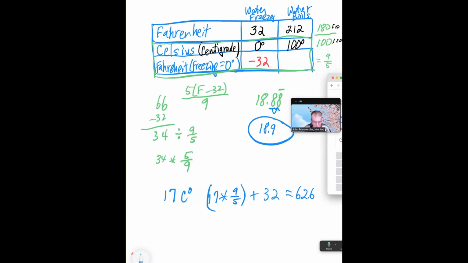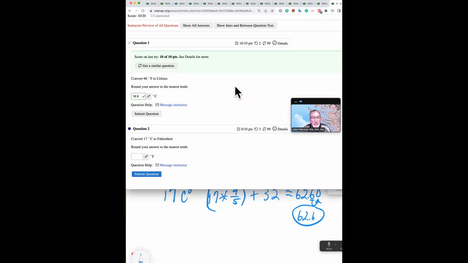So if that's a 0, then if you were to round, it would be 62.6. There would be no change, right? So let's put that in and see how we did. 62.6. Fingers crossed.